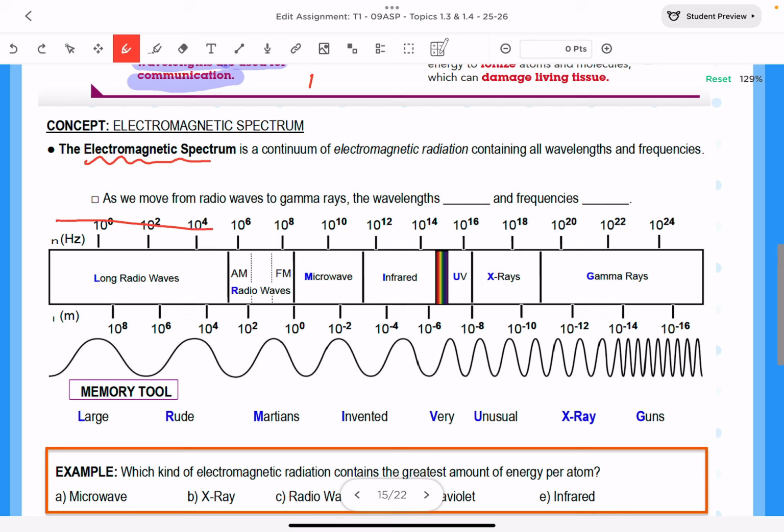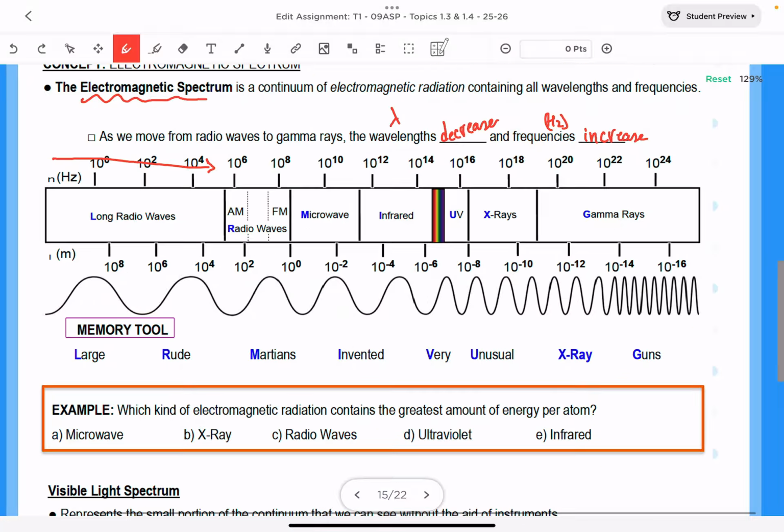Again, as we move from radio waves to gamma rays, the wavelength size, lambda, decreases, and the frequencies measured in hertz increase. They become more energetic.